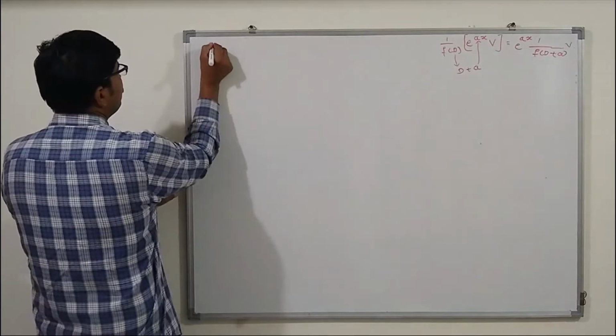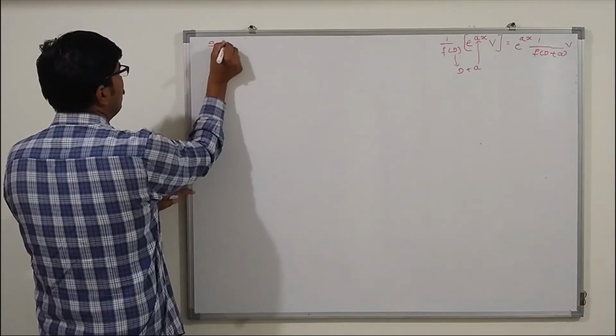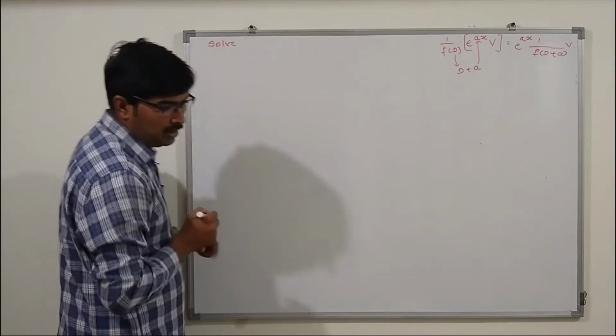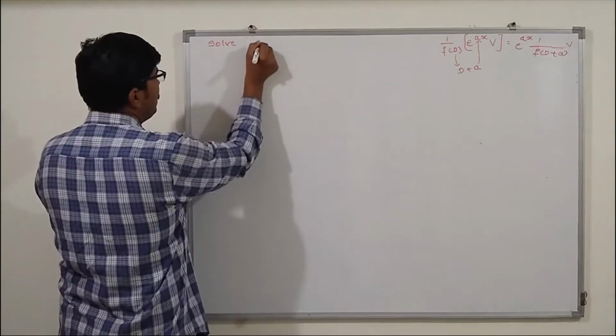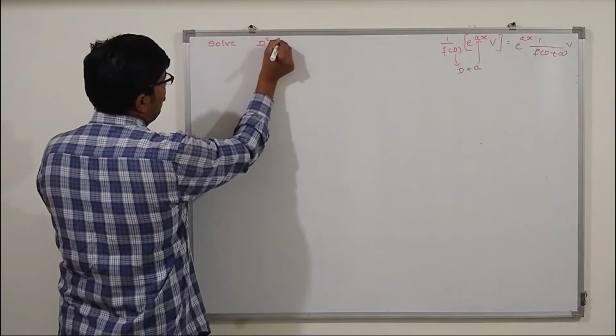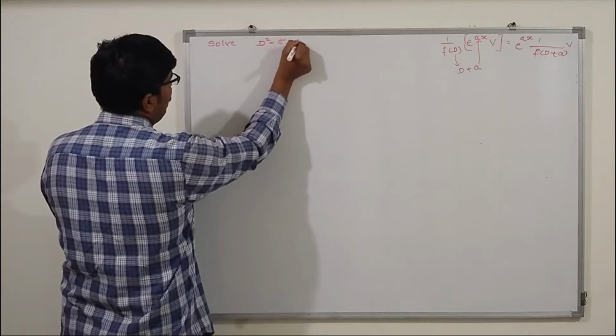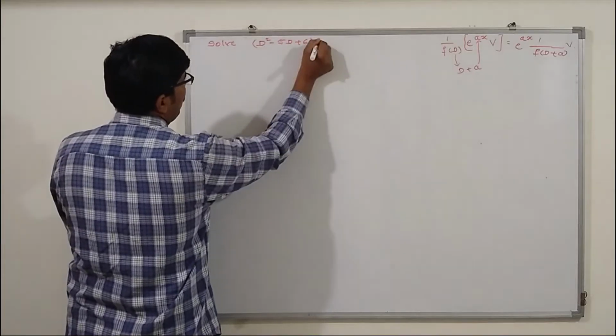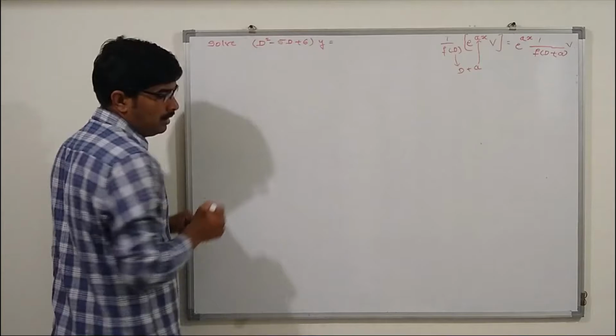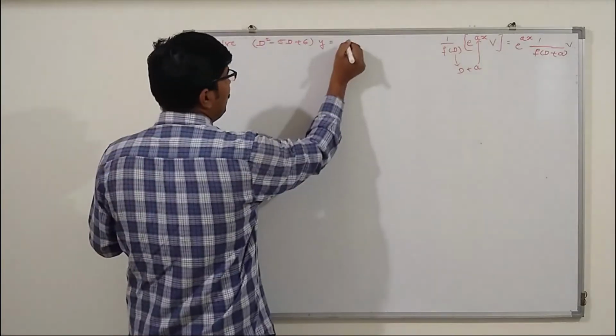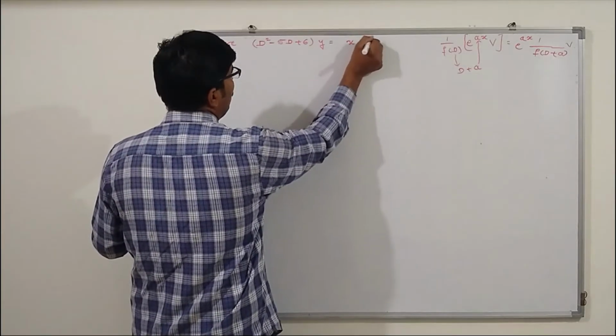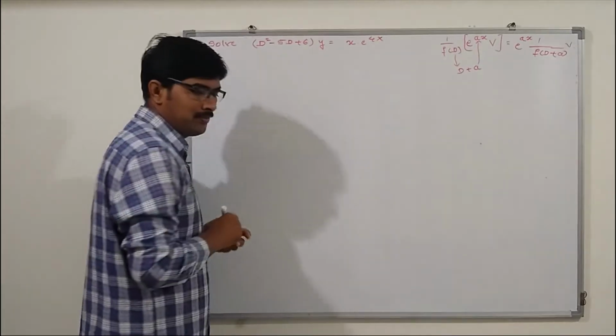Solve (D square minus 5D plus 6) y is equal to x into e raised to 4x.